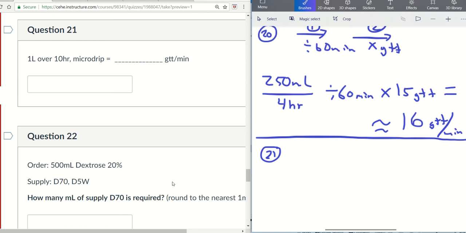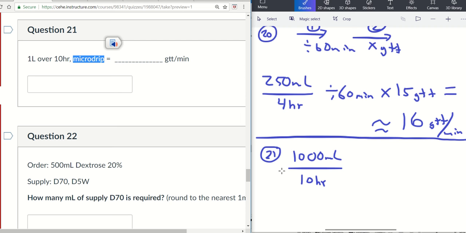Micro drip tubing. What do you know about micro drip tubing? What's the conversion factor for micro drip?